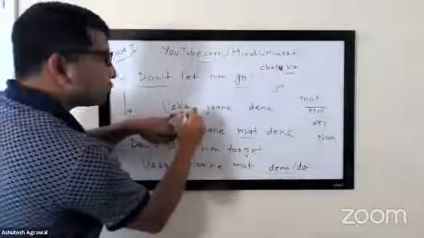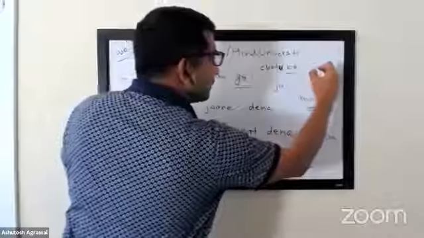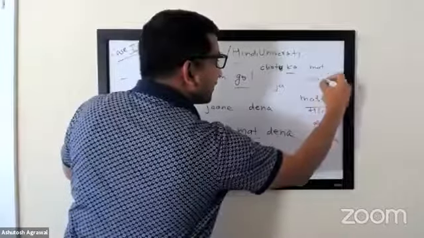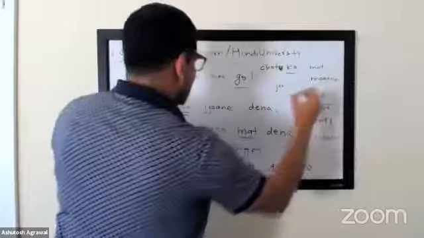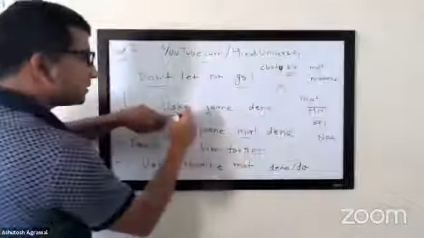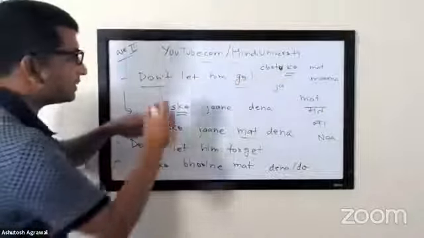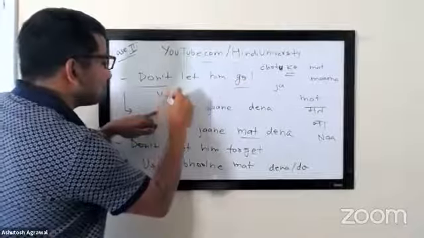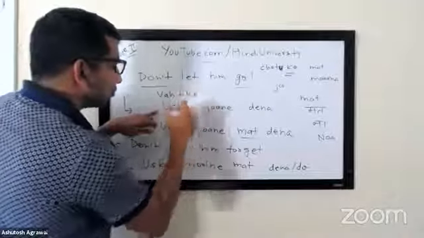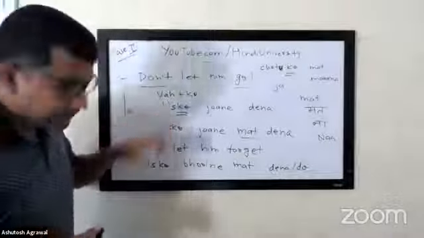Like usko, you're using ko here. But you are saying chotu ko mat marna. Yeah. What you are saying is that the ko is already built into the usko. So it's veh plus ko is usko. So that's why we don't need it twice. Yes.